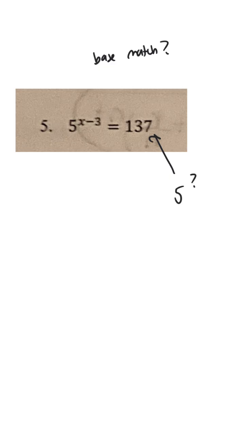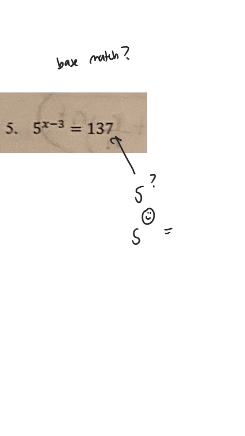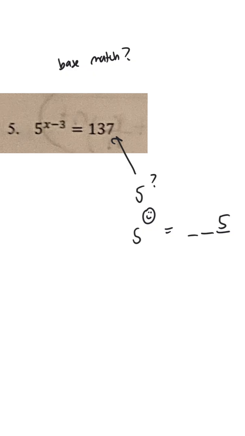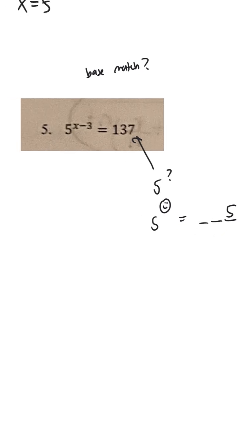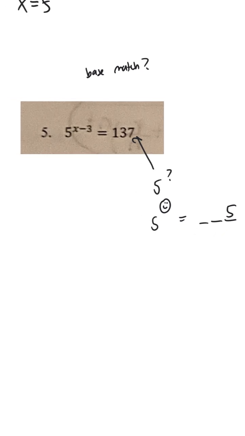One way I know that is because 5 to the anything is going to result in a 5 in the units digit. So maybe it's some 3-digit number, but I know that the units digit would be 5. This units digit is 7, and that's a problem. So I know for sure that this 137 cannot be represented as 5 to some exponent.